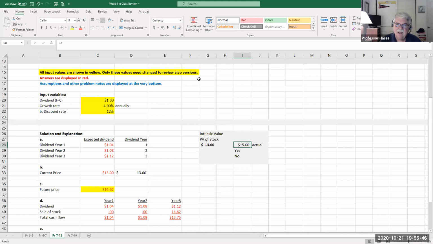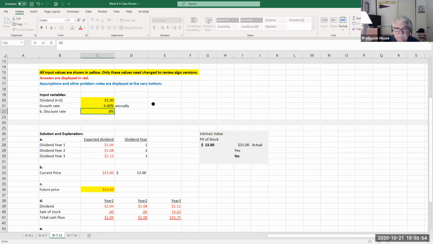But let's say my expected return drops to, say, 8%. Watch what happens to the stock price. It goes to $26. In other words, if I think my expected return is going to be 8%, that determines the present value under those parameters in the constant growth model as $26.